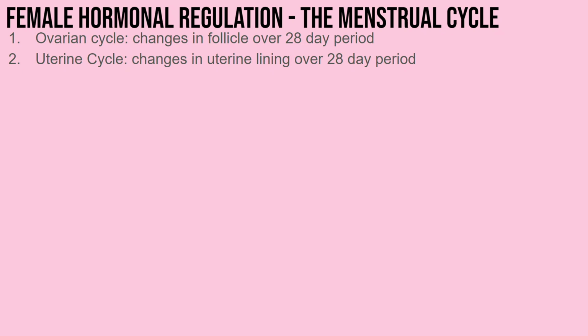Maybe I should do hormones in the green. Okay, GnRH is released from the hypothalamus when there is low estrogen or progesterone.